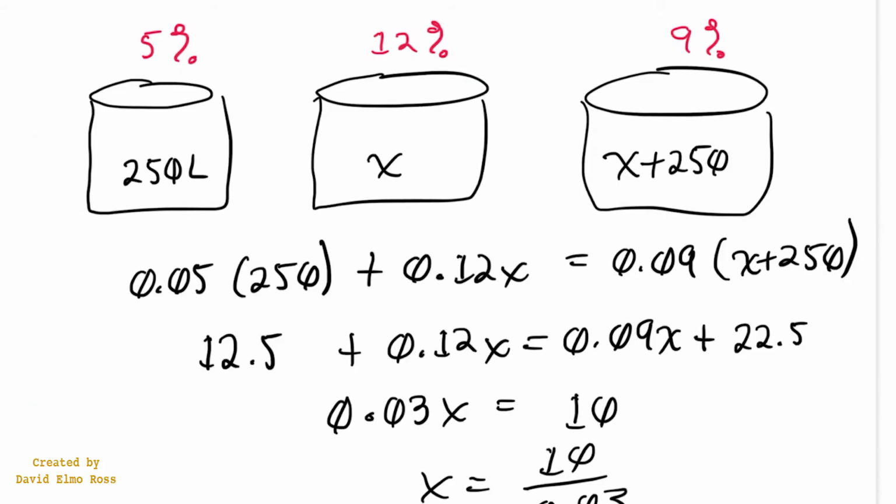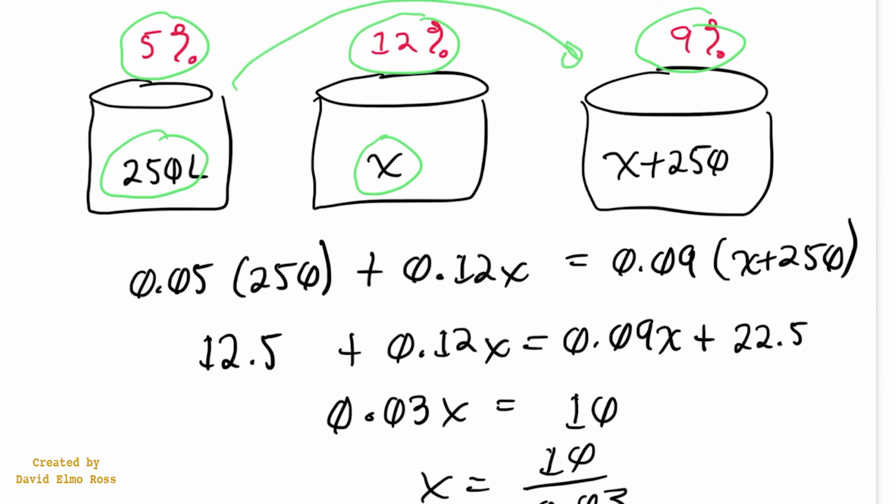Now this problem is practically identical to the one that we just did. We have 5% of 250 liters. We have 12%, and we don't know how many liters, and we want finally a 9% total concentration of the final solution. Now again, what we're doing is we're pouring this into here, so that's going to be our 250. We're pouring this into here, so that's our x.